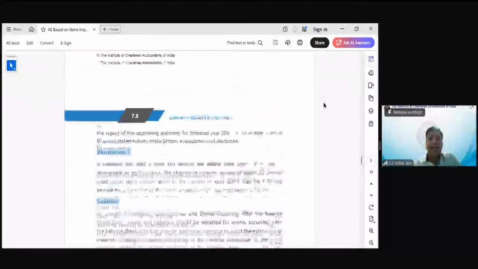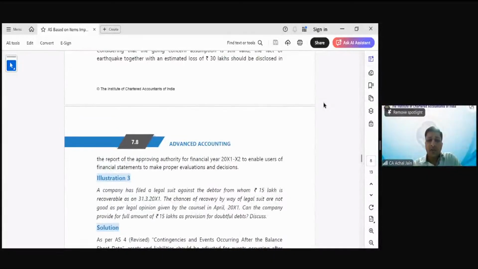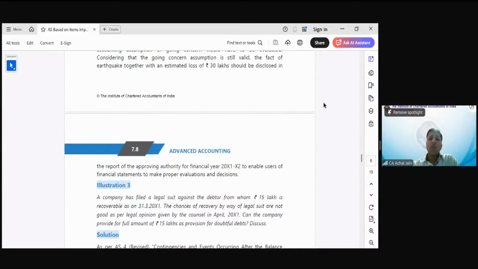A company has filed a legal suit against the debtor from whom 15 lakh is recoverable. Chances of recovery by way of legal suit are not good as per the legal opinion given by the counsel in April X1. Now, can the company provide for the full amount of provision of 15 lakhs during the reporting year?